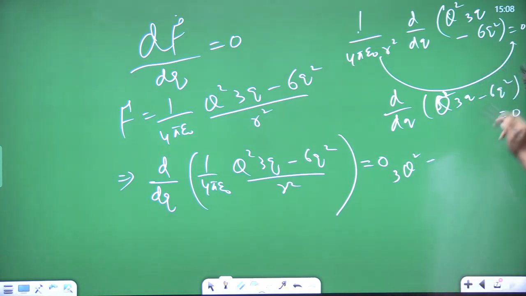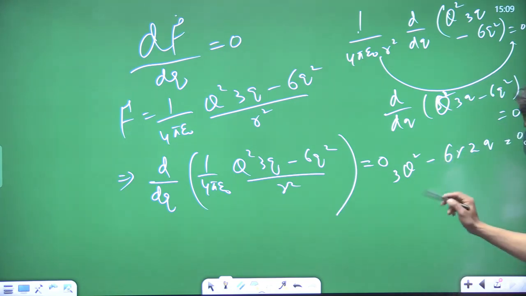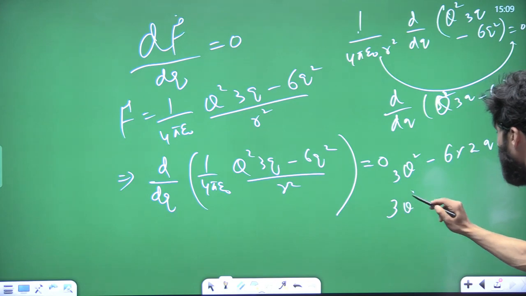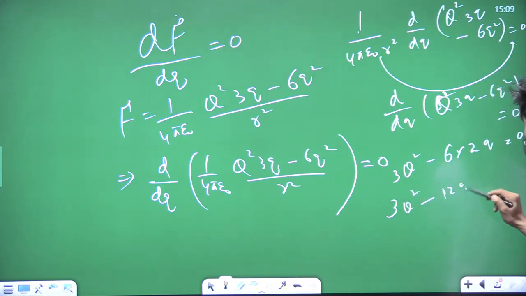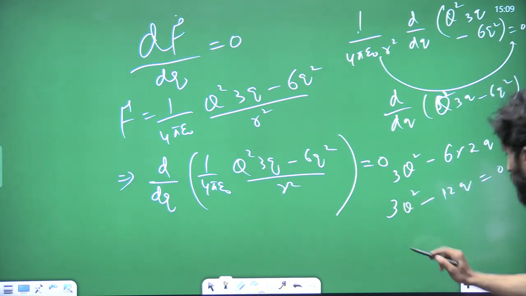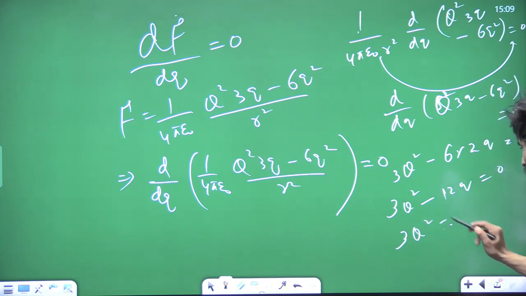Minus 6 as it is, the power 2 comes down, and Q to the power 2 minus 1 is 1, equal to 0. It is going to be 3Q square minus 12Q equal to 0, so 3Q square is equal to 12Q.